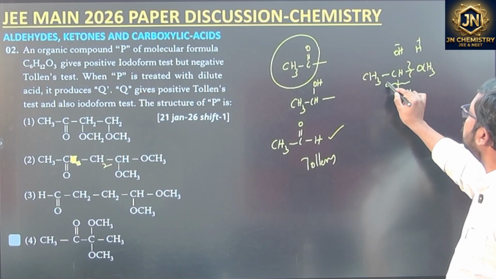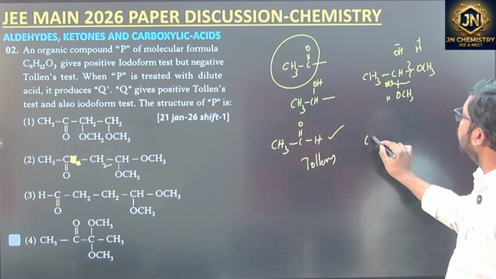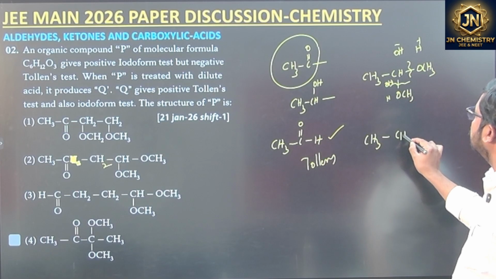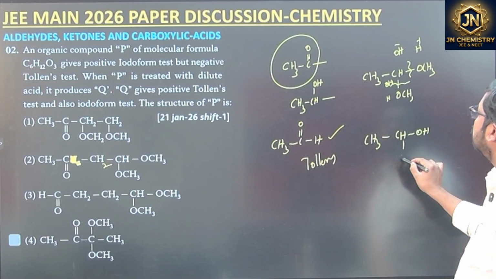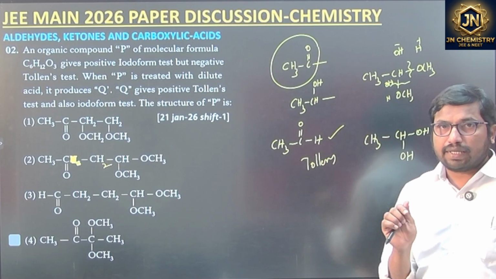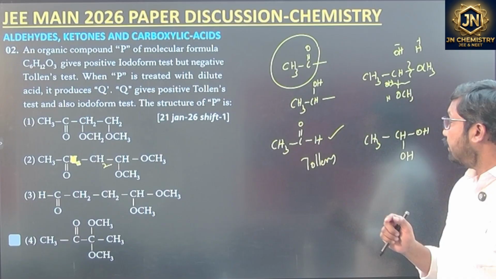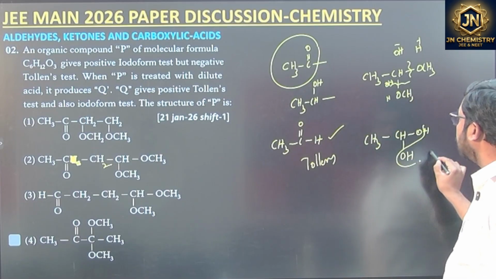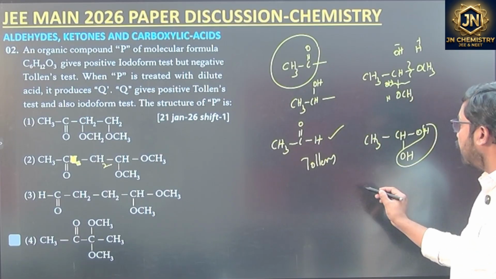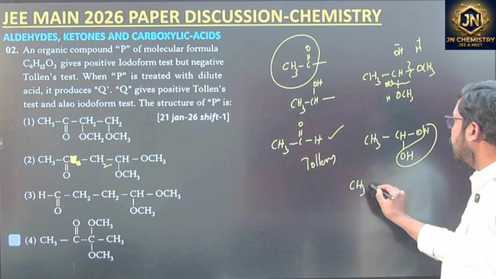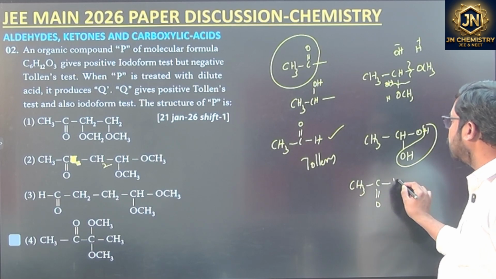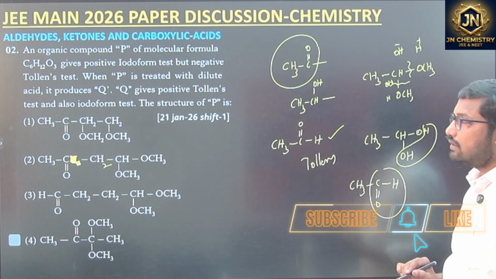Nothing but here it is CH3CH(OH)OH. We know a carbon containing only one OH group is stable. So in these cases, two OH groups are there, one water molecule goes out, and we get CH3C=O with H, an aldehyde, like this.